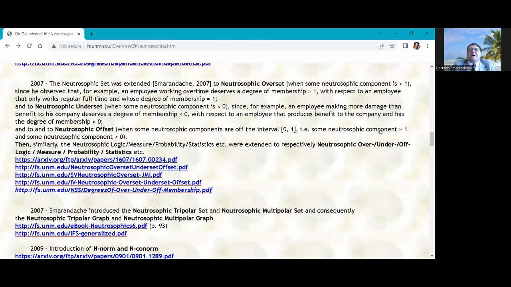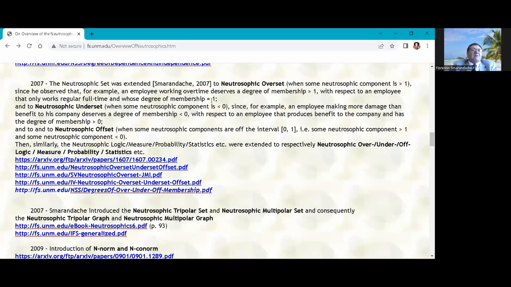Further on, I observed that in our everyday life, it's possible to get values that are above 1 or below 0, and I call them Neutrosophic overset when at least one of the components may be bigger than 1, either truth or falsehood or indeterminacy, or less than 0.